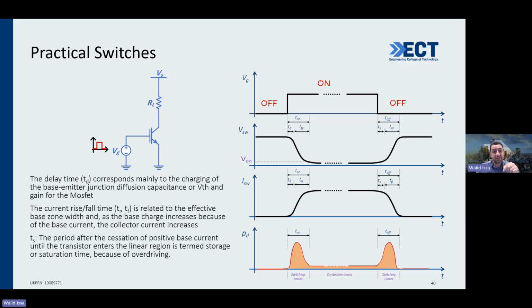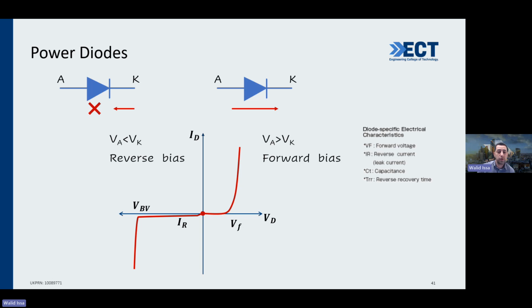So that charging time is a delay. That's why we have a delay here for the voltage and current transition, and that will be converted like a peak here for the power.